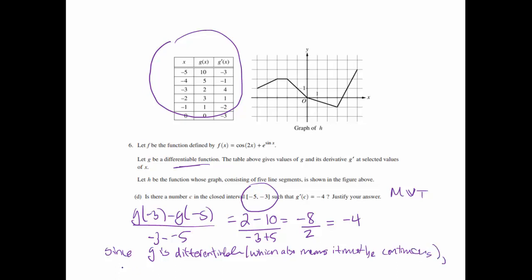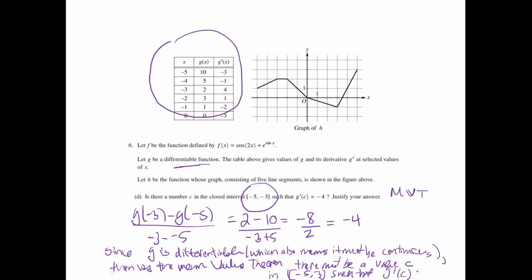Since g is differentiable, then by the mean value theorem, sorry, it's getting a little sloppy here, there must be a value c in the interval negative 5 to negative 3 such that g prime of c is equal to negative 4.